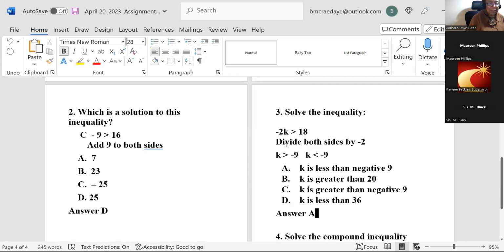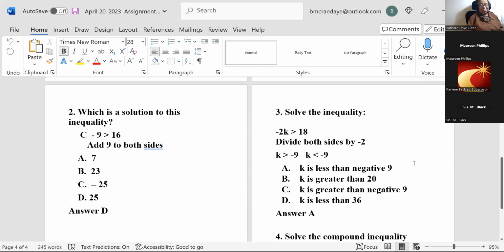That gave us K greater than -9. But like Maureen said, when you divide by a negative, you reverse the inequality. So the greater than becomes a less than. K less than -9, in words, is K is less than -9.